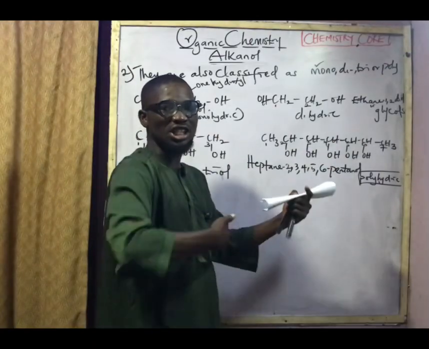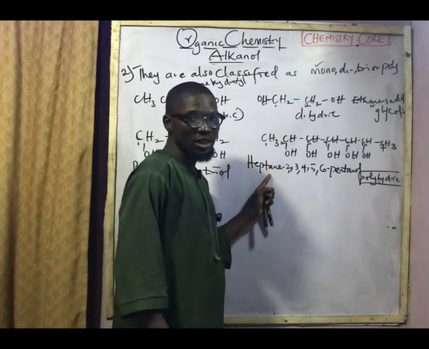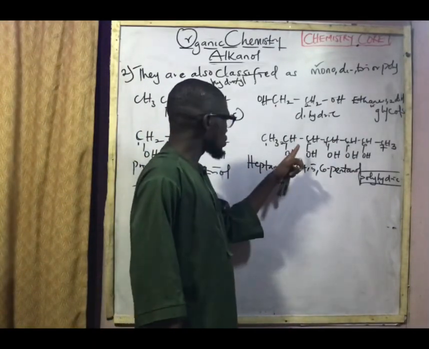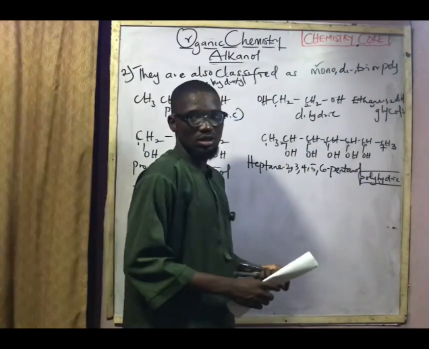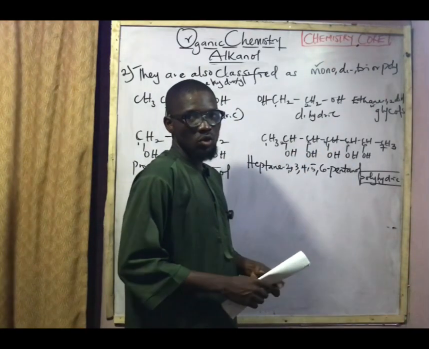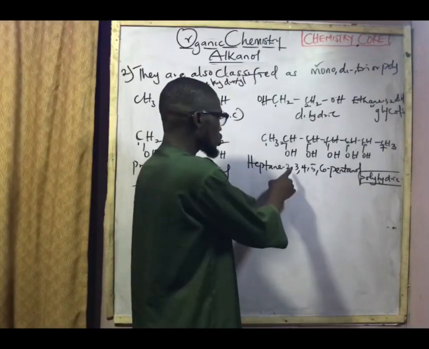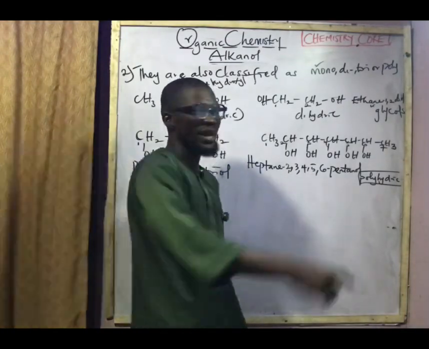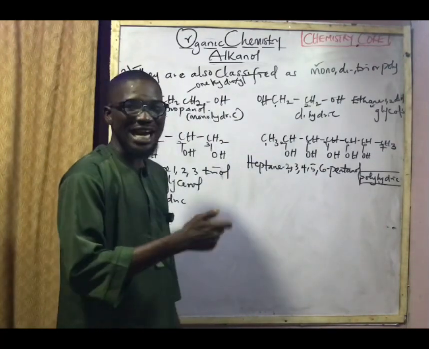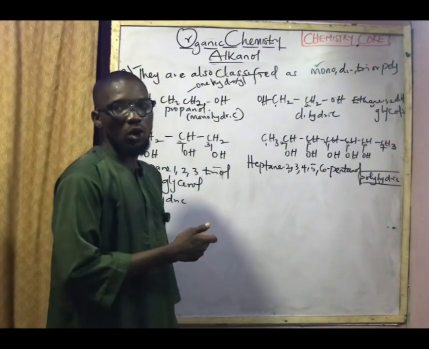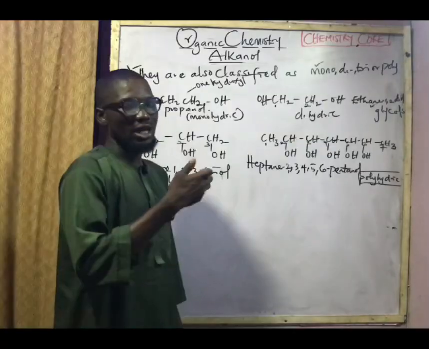But the parent chain is heptane. Don't make a mistake, please. 2, 3, 4, 5, 6. So we call it heptane 2,3,4,5,6-pentol. That is a good example of a polyhydric alcohol or a polyhydric alkanol.